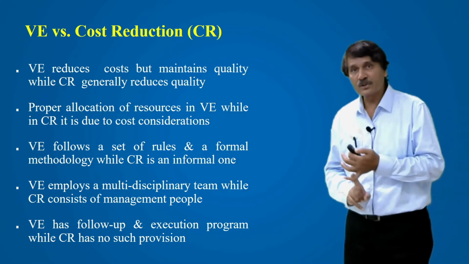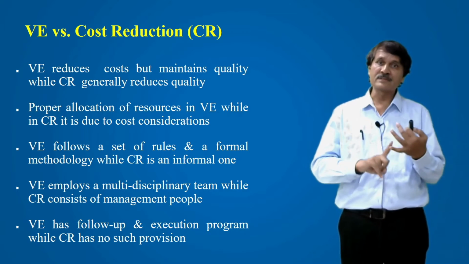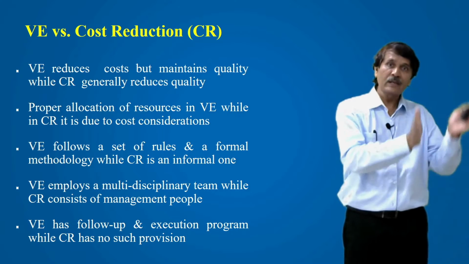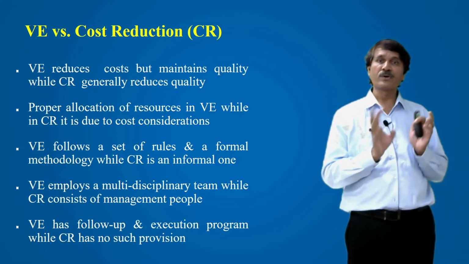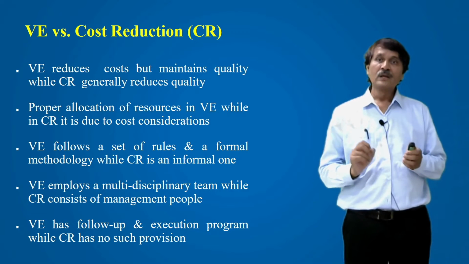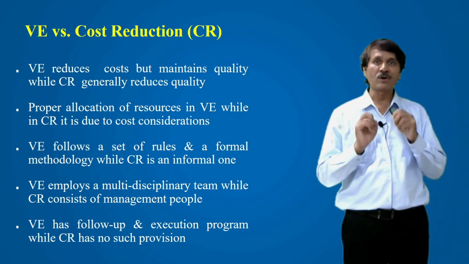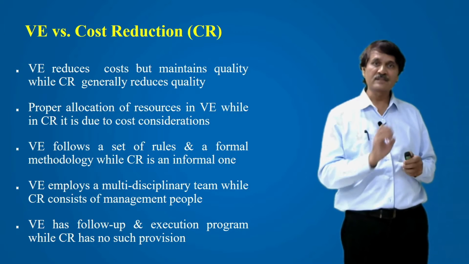That is, strength is going to remain the same, that is, the requirement of that material is going to remain the same. So you are properly allocating the resources, while in the case of cost reduction, you are just reducing the cost. Value engineering follows a set of rules and a formal methodology, while cost reduction is an informal one.